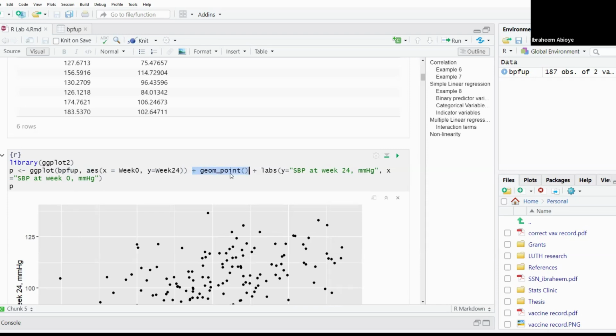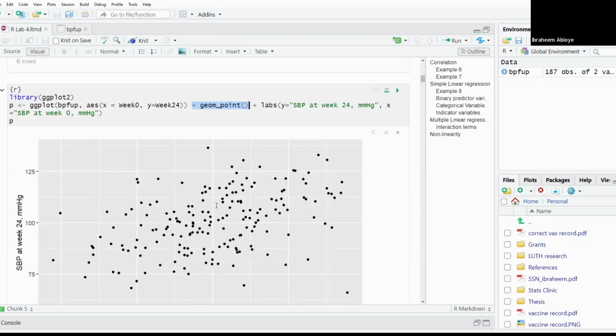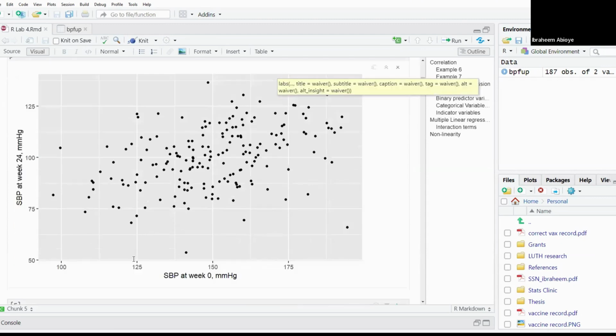Here it is geom_point, the points that make up the scatter plot. Then you can use the labs function to specify the labels on the x-axis and on the y-axis.